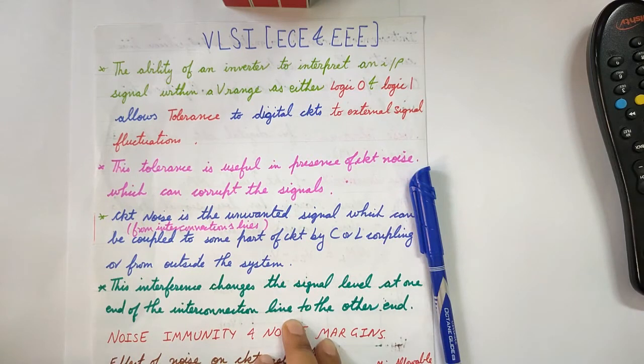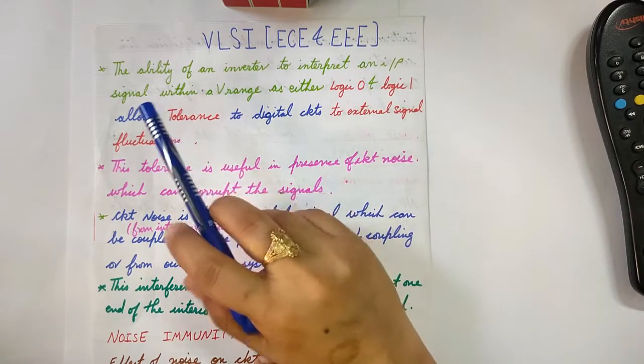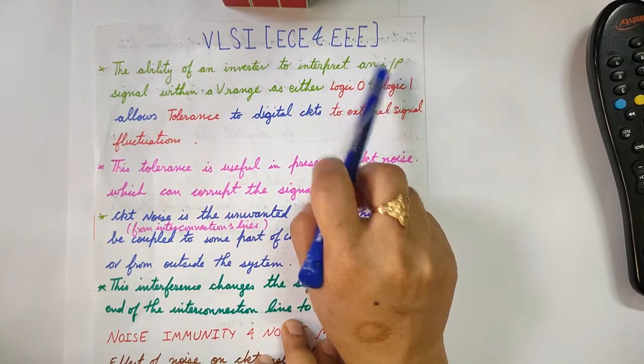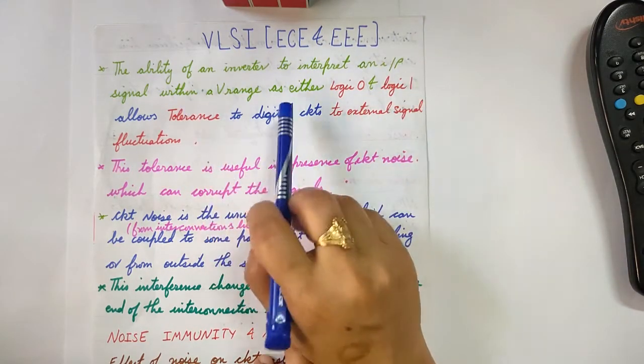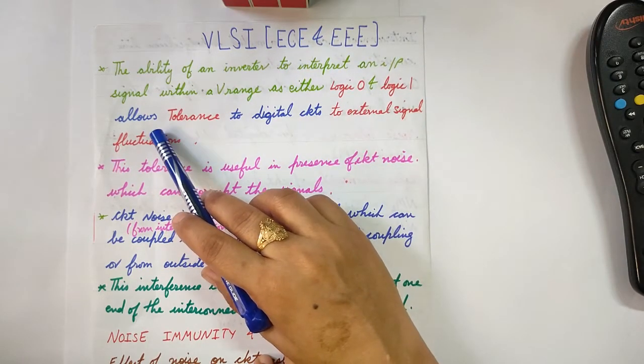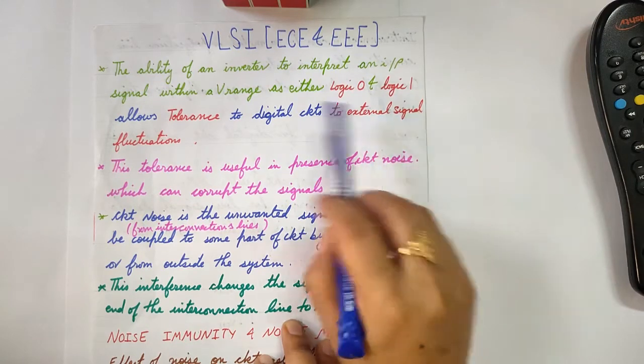And this is very good when there is some sort of noise in the circuit. There are many types of noise: external noise, internal noise, if you have studied the chapter on noise. There are many kinds of noise which disturb the output of a circuit. So this ability of an inverter to interpret a range of input signal as either logic 0 or logic 1 allows a tolerance to the digital circuit to external signal fluctuations.